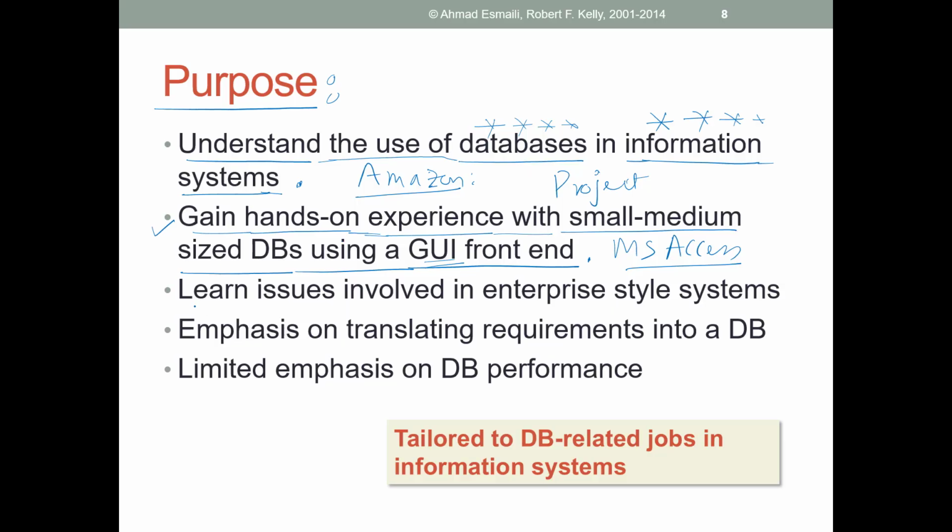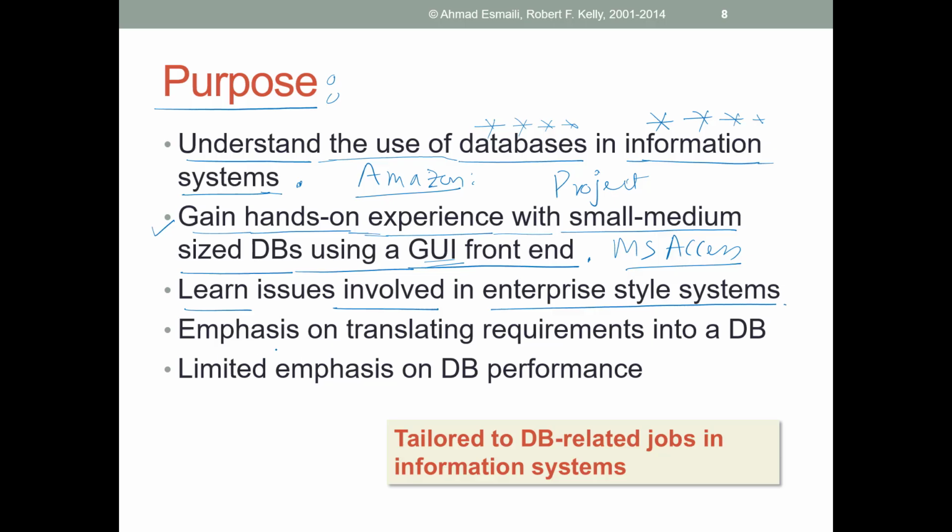Okay, so while doing it through my lectures and also through the project, you will be able to learn about the issues which are involved in the enterprise style systems. In this whole course, we will be going over the different stages involved in designing a database system.